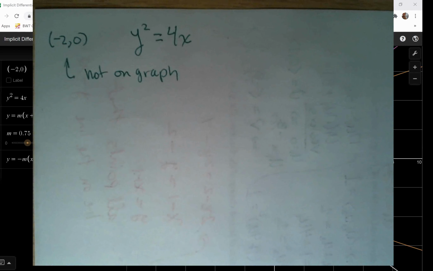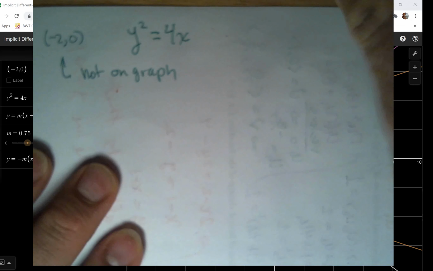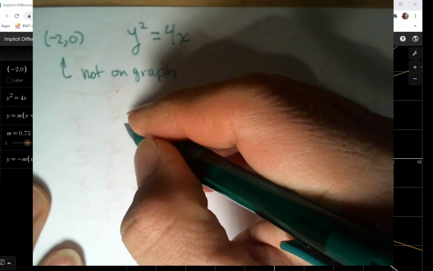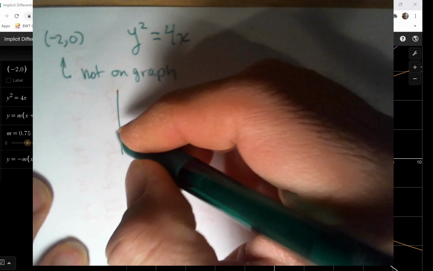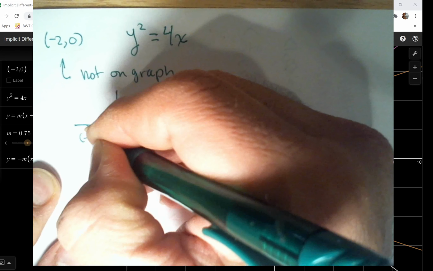Okay, all right, so what I'll do is, let me draw myself my graph here. So you get negative 2, 0.